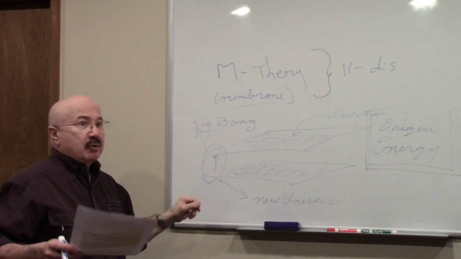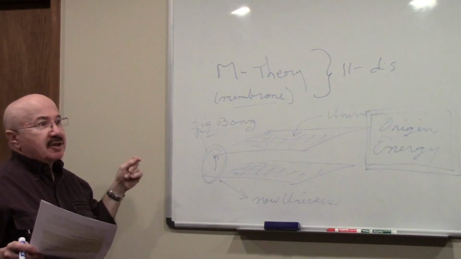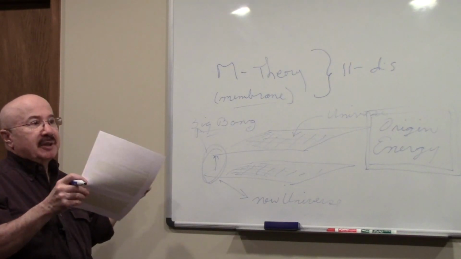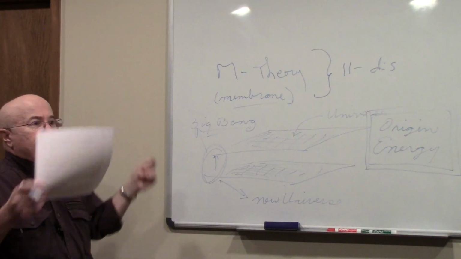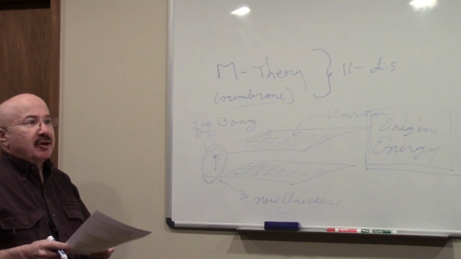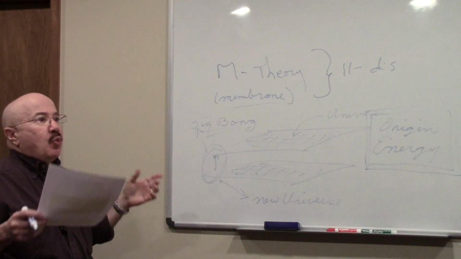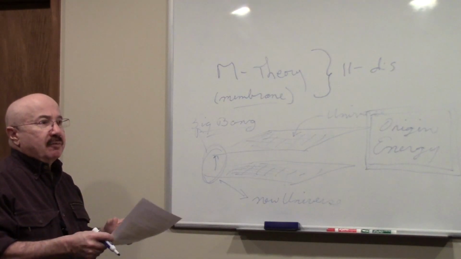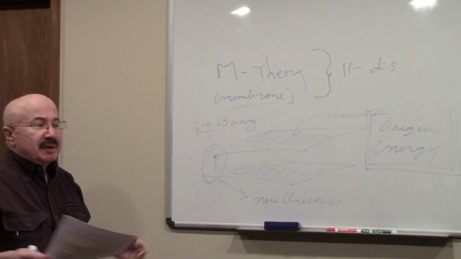Whether we look at the Big Bang, which is the most accepted theory of physics, it still does not explain, even when we talk about it being created by virtual particles in a super universe, etc. If you go back to some of my early videos, it still does not explain where the energy comes from. So that's the big mystery.